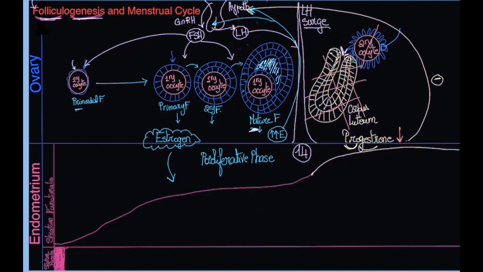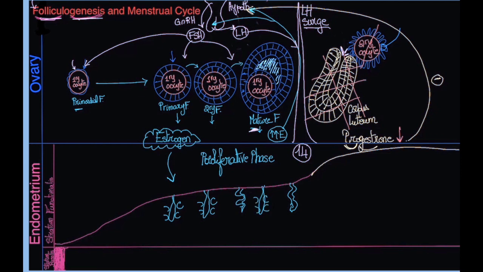So you see here the effect of the estrogen on the endometrial lining. It's going to be stimulating the gland formation. It's going to be increasing the number of vessels inside the endometrial lining. It's also going to be adding receptors for the progesterone to act on those glands.